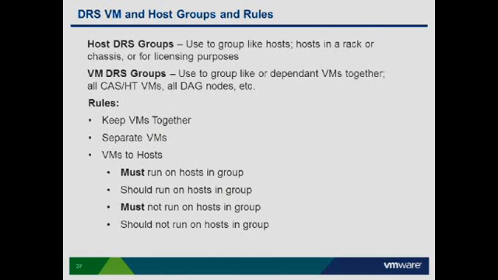Or we might have multiple chassis, and we might want to make sure that not all of the CAS and hub servers end up on one chassis. We might want to create a logical grouping of those ESX hosts within the chassis and a logical grouping of the CAS and hub servers, and apply rules so that they don't end up on that same chassis or even on the same rack. So for DAG nodes specifically, we want to make sure we keep them separate.